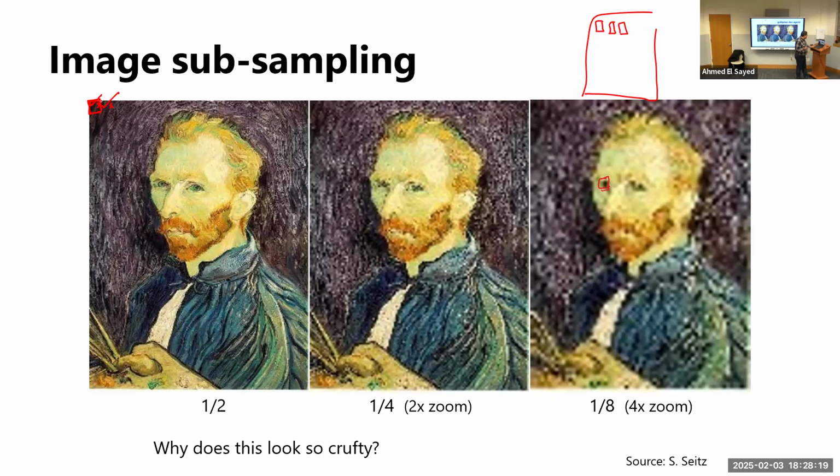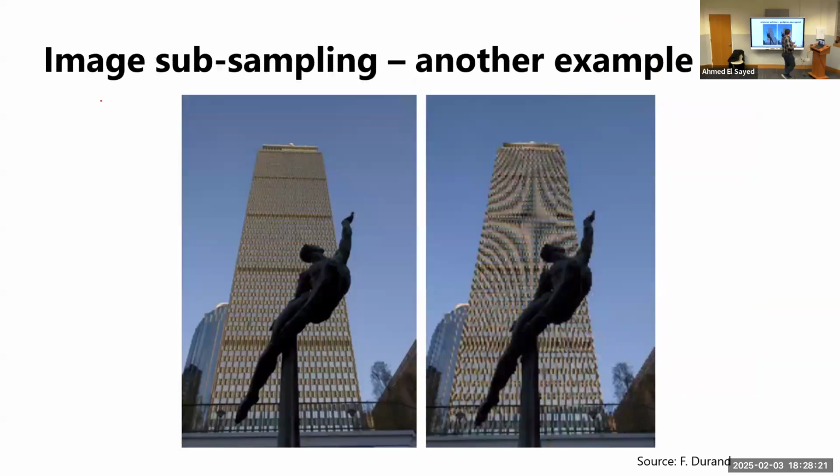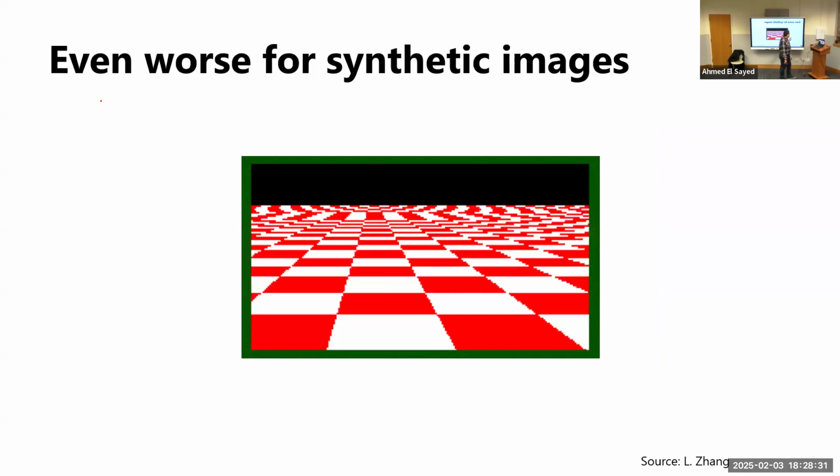So if you are sampling correctly, you will not have this problem. You see this? The same problem of aliasing. And this can be more clear in graphics. Do you see this line? Is it going straight?